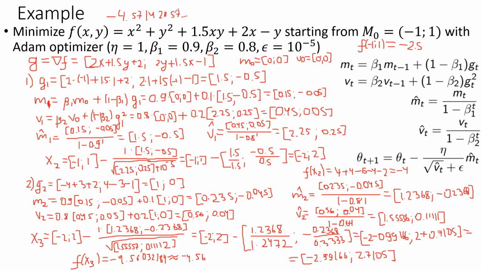If you continue that, you should adjust the eta value because it's too large of a learning rate. I used a large learning rate here just to jump to a better value, but then you need to adjust eta to decrease the speed at which we learn, and you will get to the optimal value. So that's all what I wanted to show you.